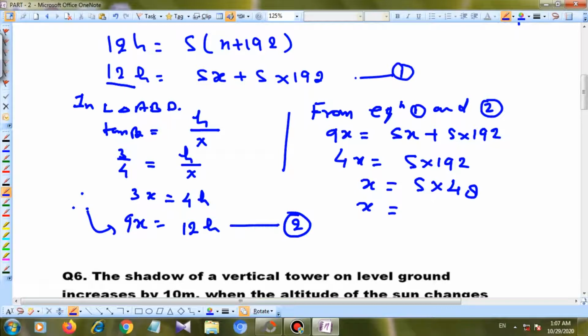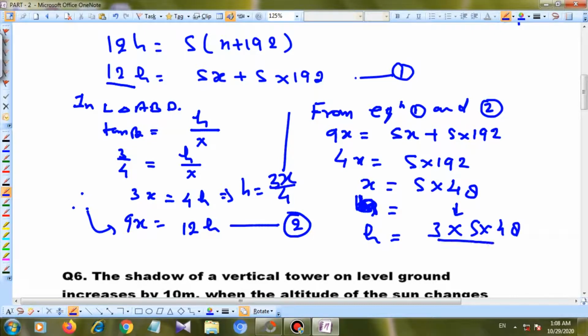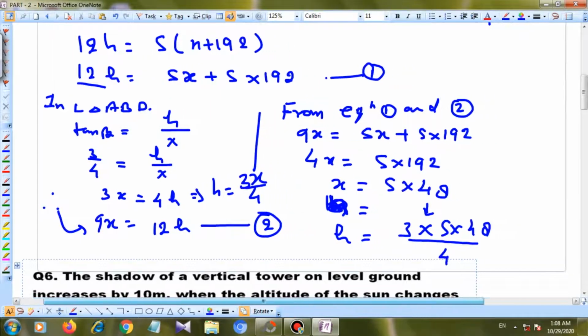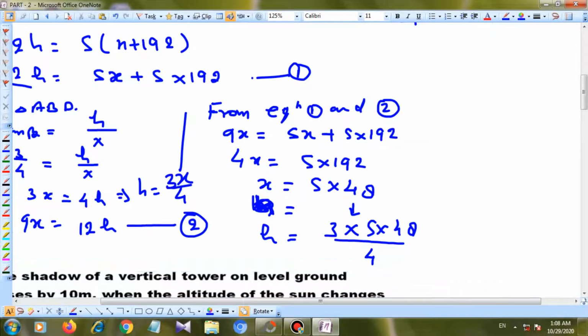But our aim is to find the height. So h equal to 3x by 4, means h will be 3 into the value of x, which is 5 into 48, upon 4.